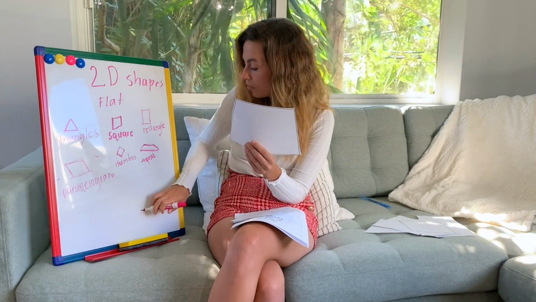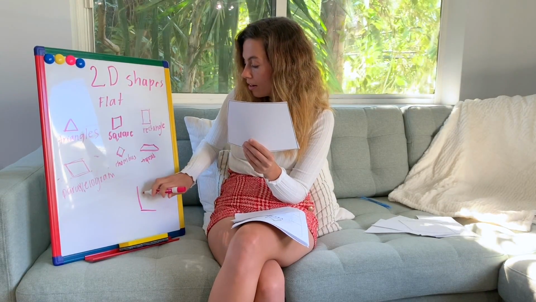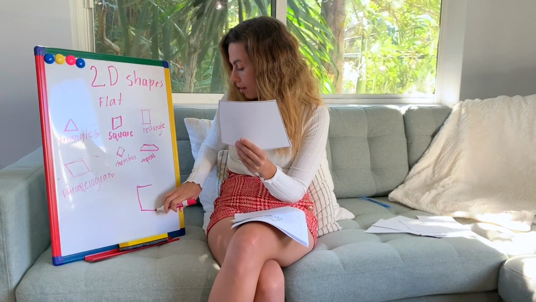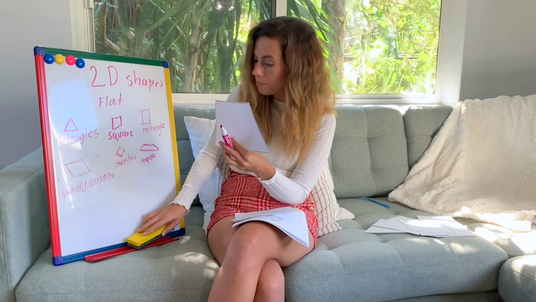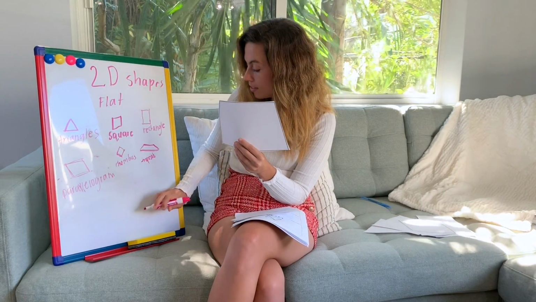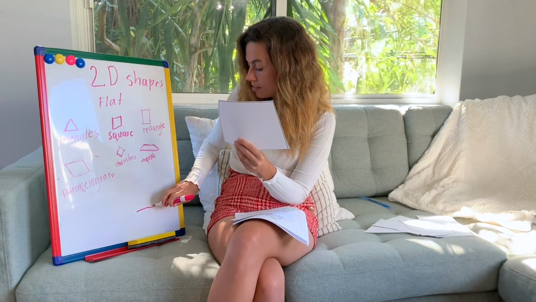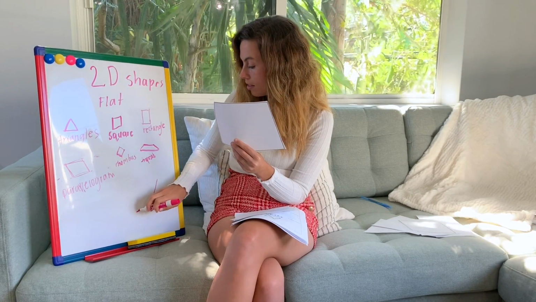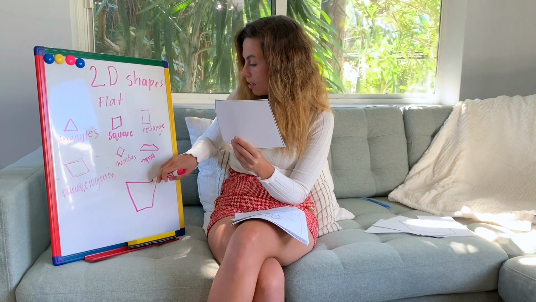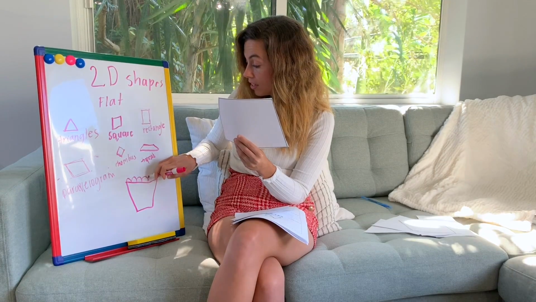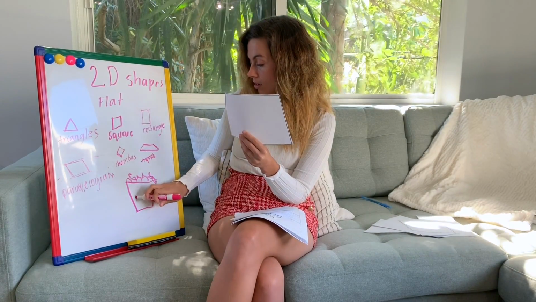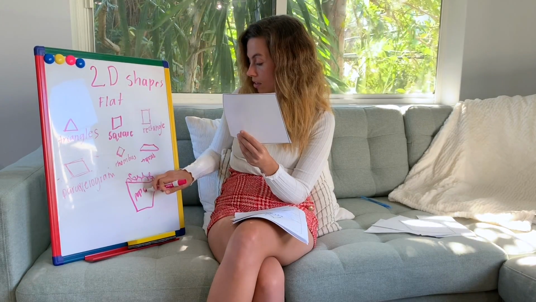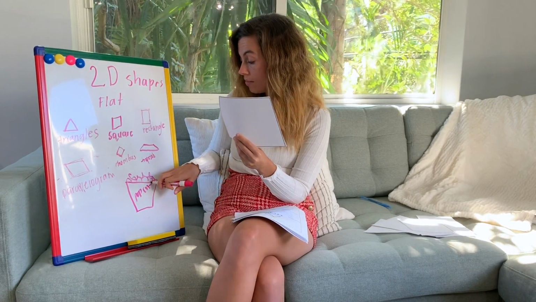So if you ever had popcorn, the container's sides look like a trapezoid, or are a trapezoid.